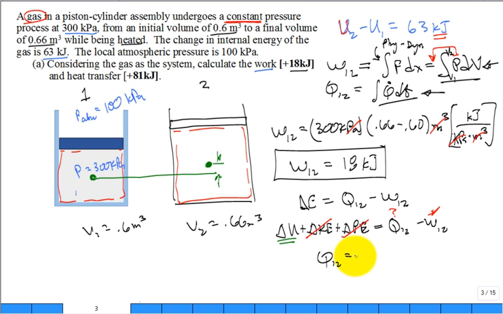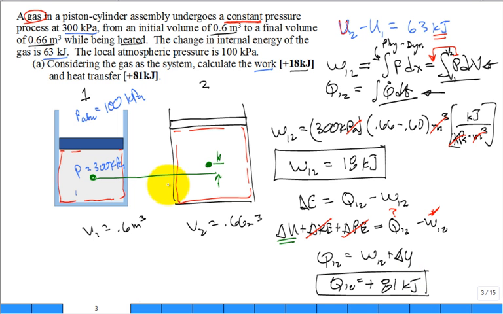Q 1 to 2 is equal to W 1 to 2 plus delta U. Q 1 to 2 is 63 plus 18. Is that 81? And it's positive. What does that mean? It was truly heated. There was heat coming into it, transfers of energy via heat transfer into the gas. I hope I didn't take too long on that problem. Does it make sense?